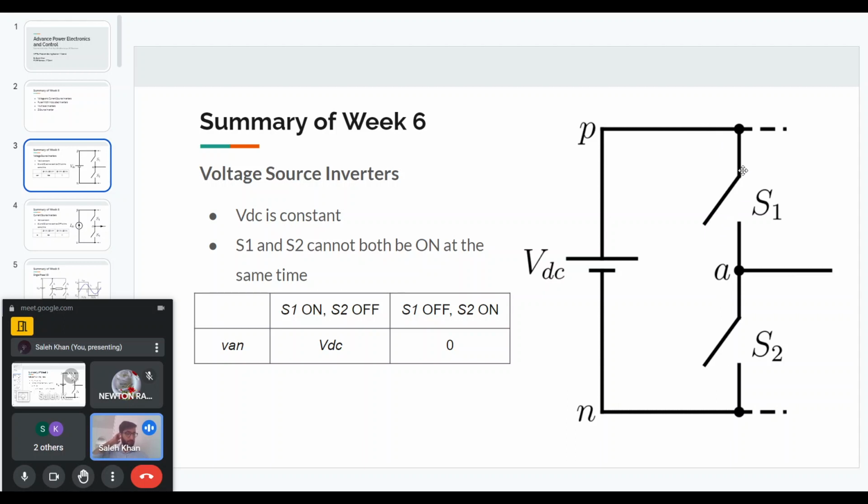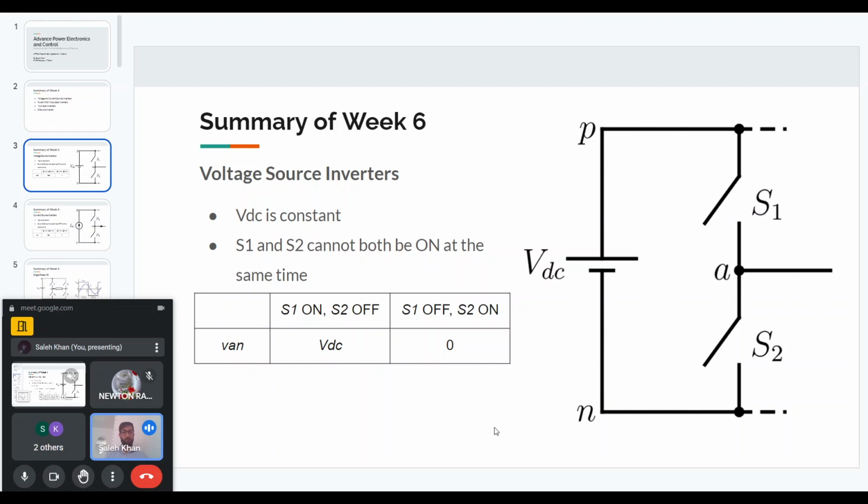A half bridge means we have two switches connected in this fashion: one is connected to the positive bus, and the second one is connected to the first one and has one of its terminals connected to the negative bus. We take the output from the midpoint of the switches. So this is a half bridge configuration. In multi-level cases this can be different, but this is the commonly used configuration.